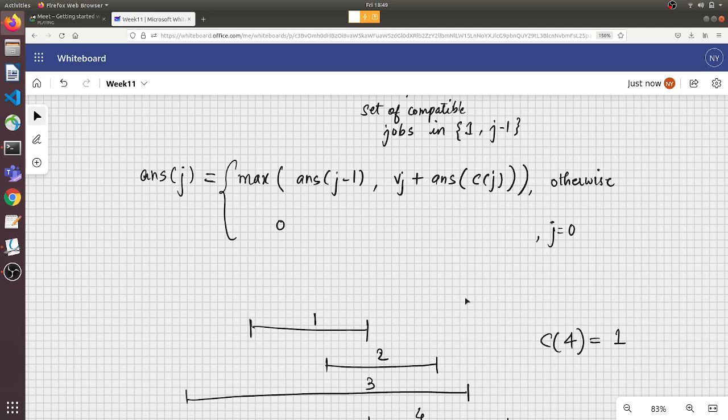We would have returned vj itself plus answer of j minus 1, which would be 0, and answer of cj, so the compatible for that should also be 0. So if it's the only job, that means no other job is previous to it, then cj should be 0, and that will handle it. Yeah, I got it.